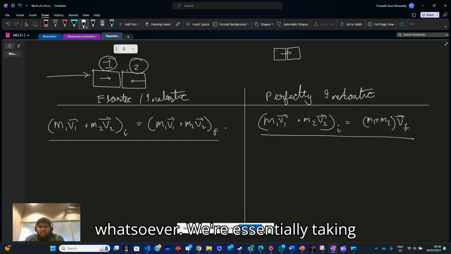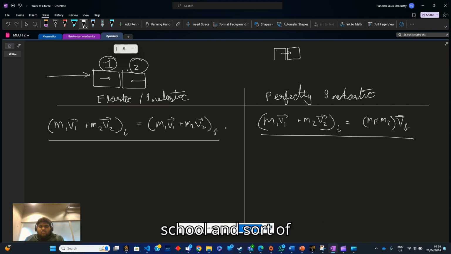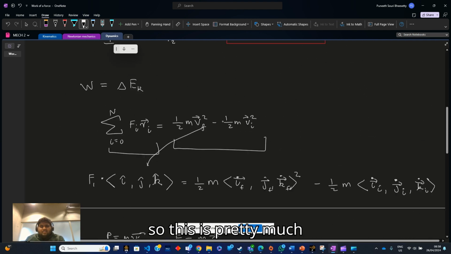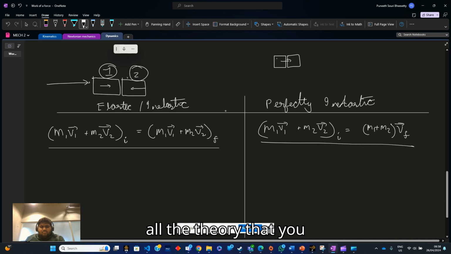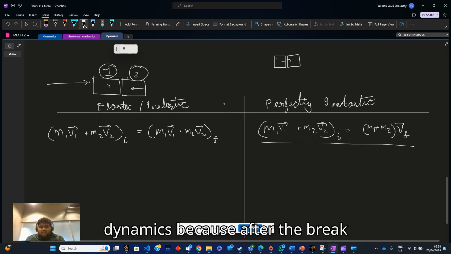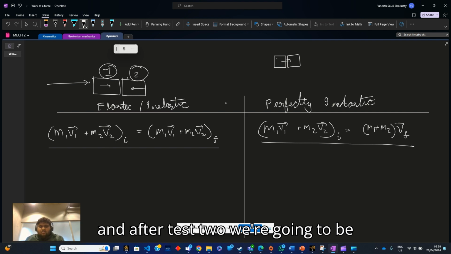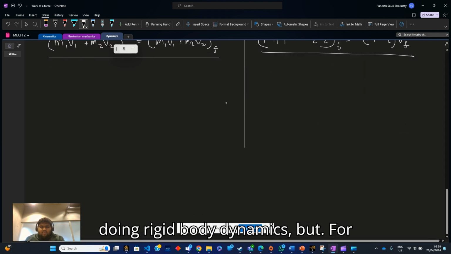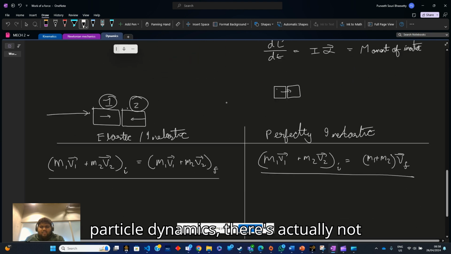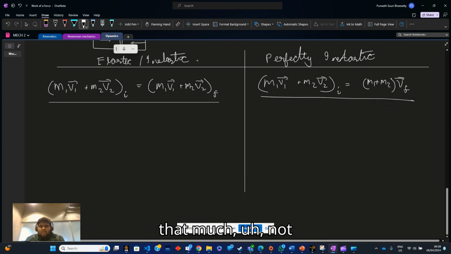We're essentially taking the same concepts that we learned in high school and applying them to the new way that we do it with vectors and things like that. So this is pretty much all the theory that you need to know for particle dynamics, because after the break and after test two, we're going to be doing rigid body dynamics. But for particle dynamics, there's not much more to say to this.